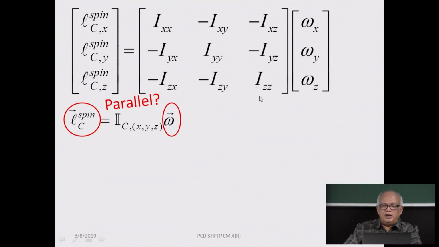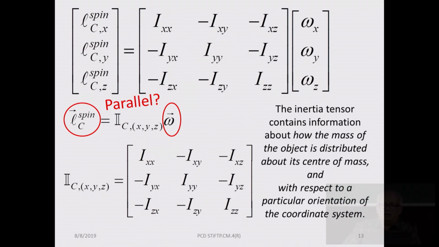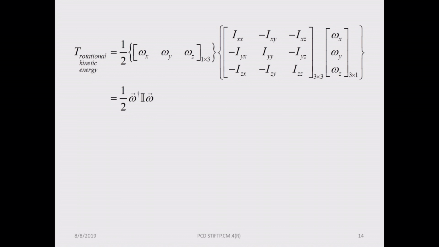So now when you look at this equation, and this is a matrix equation, notice that in general the spin angular momentum and the angular velocity will not be parallel to each other. So this is an important conclusion, and all studies of rotational motion have to take this into account.